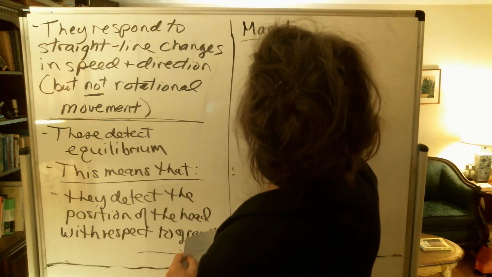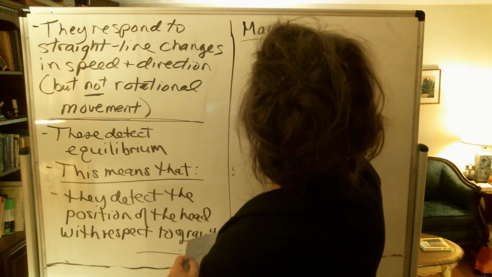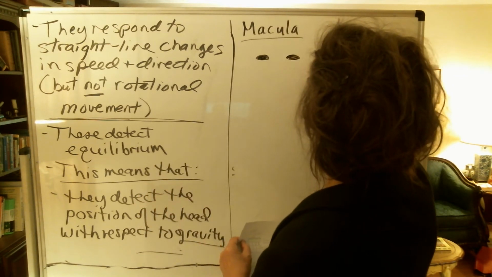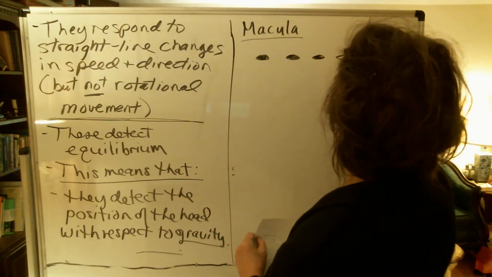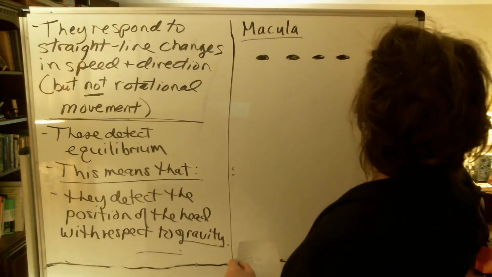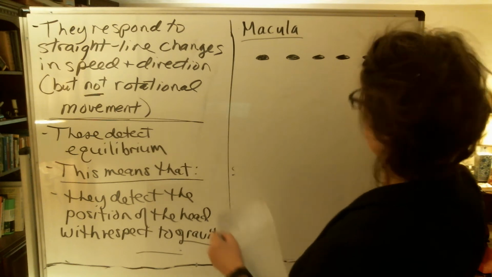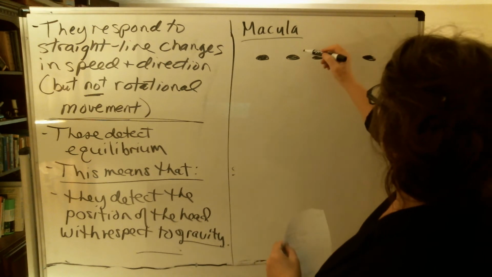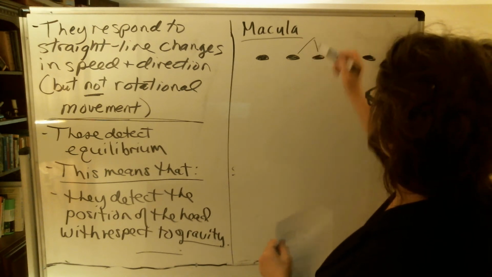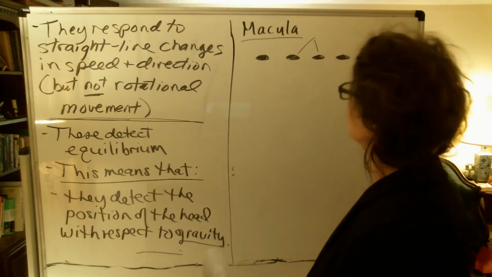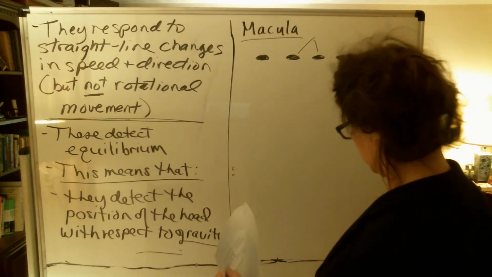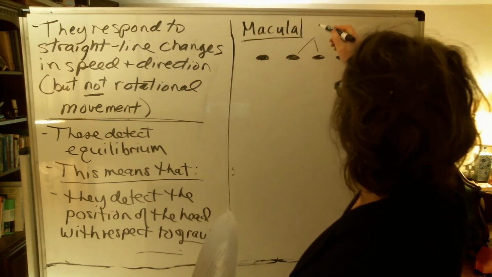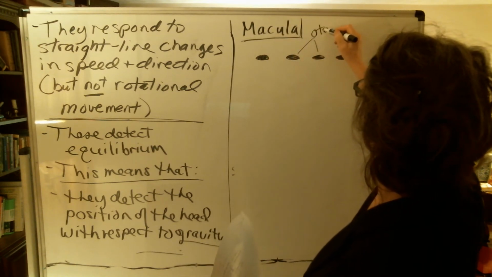So I'm going to start then with some little black rocks. Here they are. When I say rocks, I'm not joking. These are what are called otoliths.